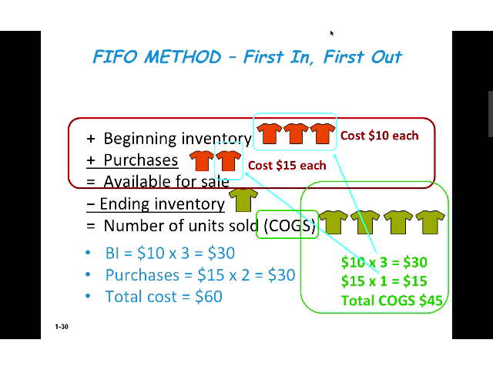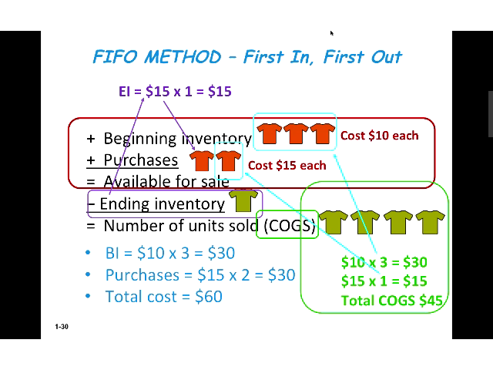Okay? Now, once I get that $45, I can get my ending inventory one of 2 ways. I can say, well, my total cost is $60, subtract the 45, and get 15. Or I can say my ending inventory, I have 1 unit. That 1 unit is $15 because it came from the purchases. It's the one that I didn't sell. So my ending inventory is $15.